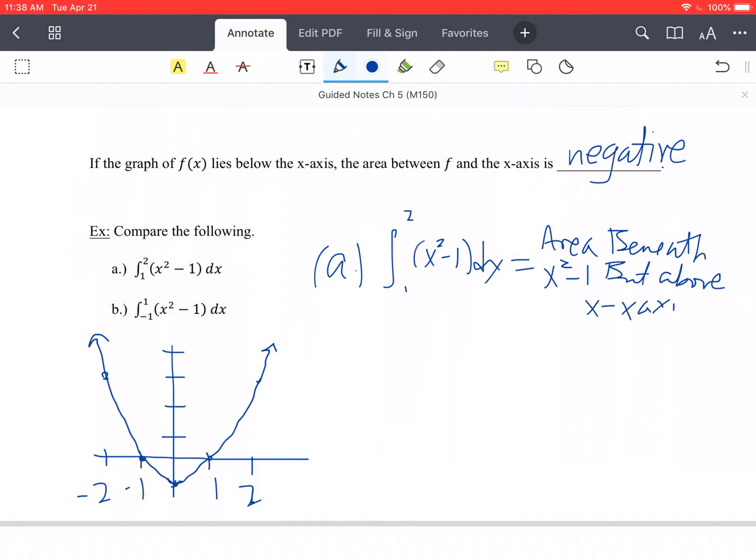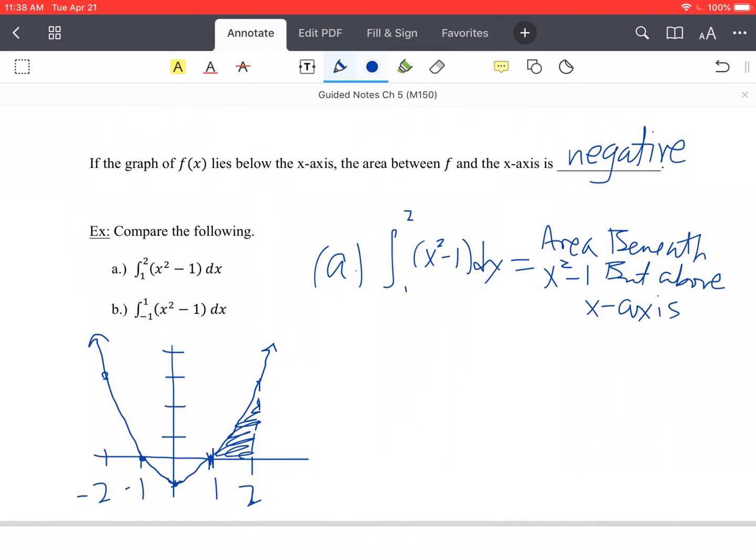And this is going from 1 to 2, so it's going from right here to right here. So this is the area in question for part A. So this is below the curve, but above the x-axis, so it is counted positively.